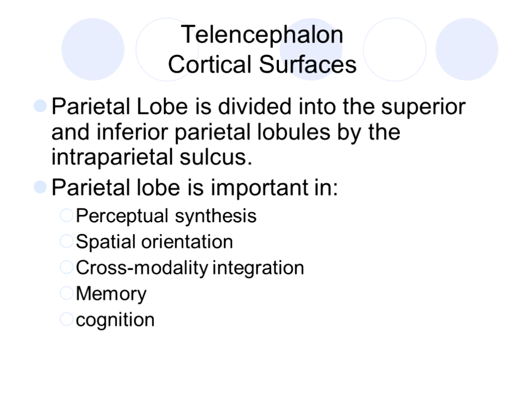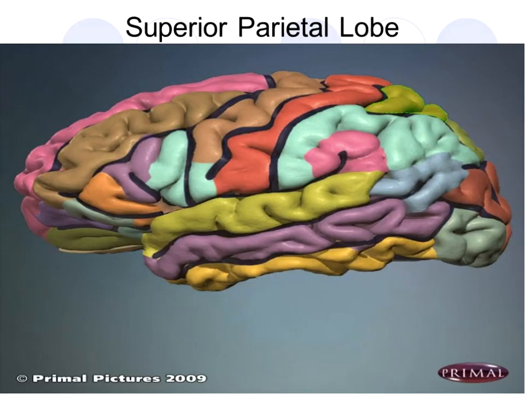Now, the parietal lobe is also divided into the superior and inferior parietal lobes by the intraparietal sulcus. The parietal lobe is important for perceptual sensation, spatial orientation, cognition, memory, cross-modality integration, and a lot more.